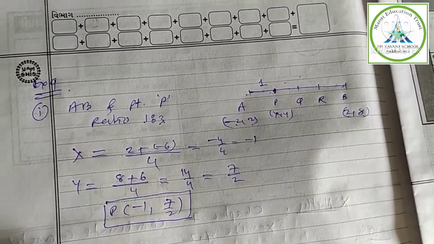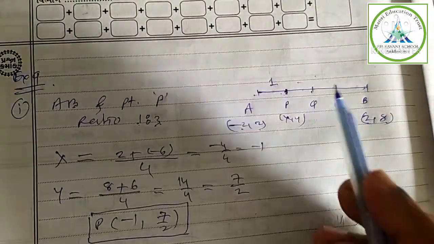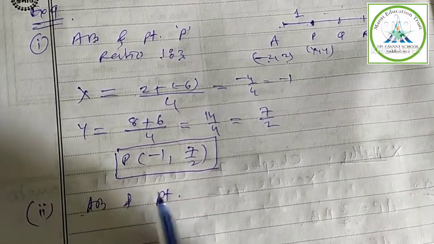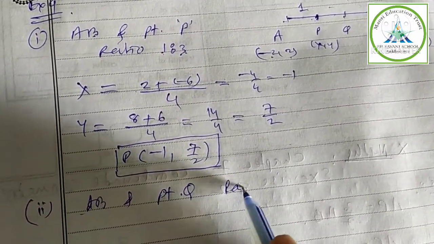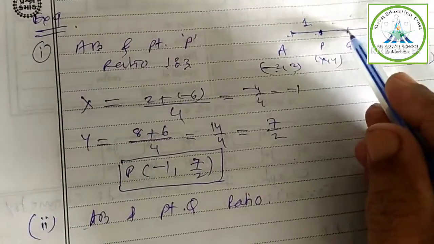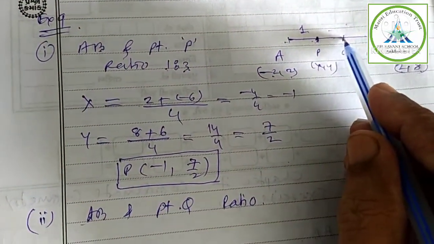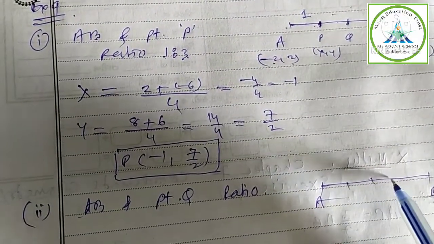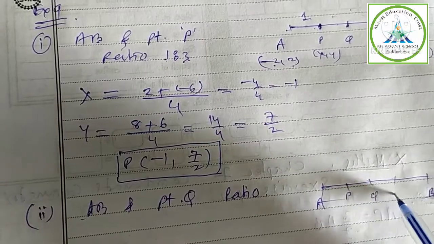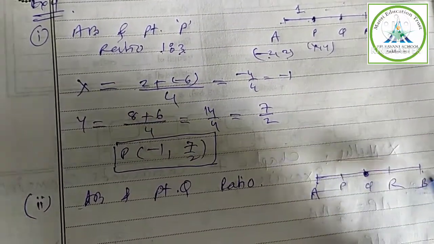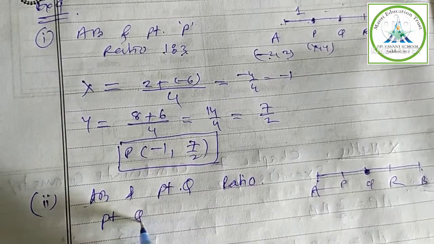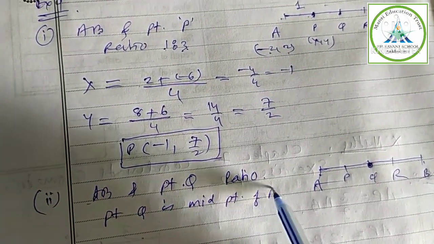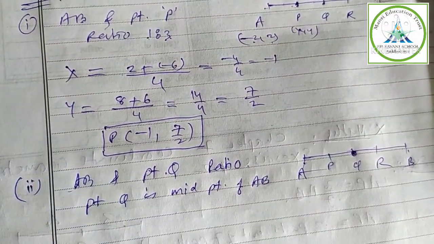Now, the second part. We will take point Q on AB. Understand the ratio: Q is the midpoint of AB, as you can see in the diagram.